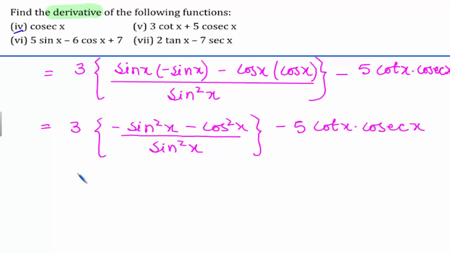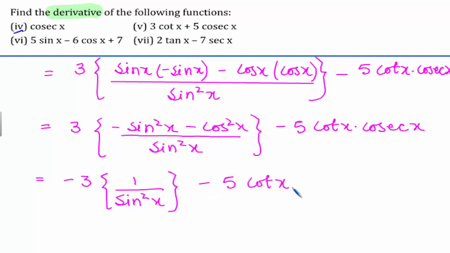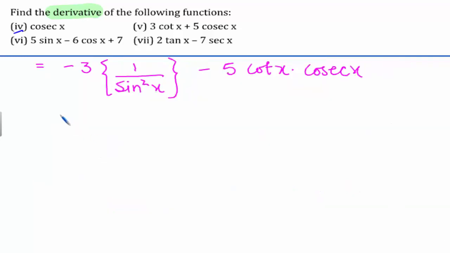Now this is equal to minus 3 cosec square x minus 5 cot x into cosec x. Now taking minus cosec x common from both the terms, we have 3 cosec x plus 5 cot x.